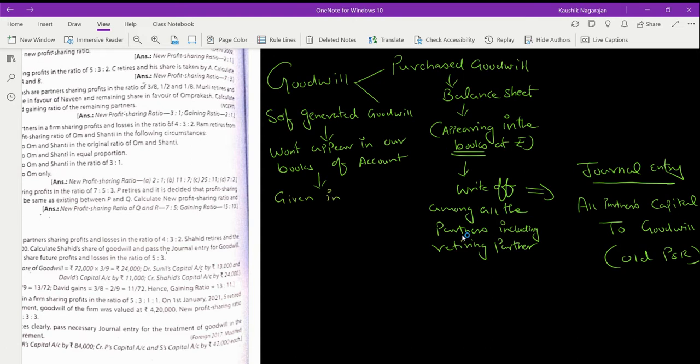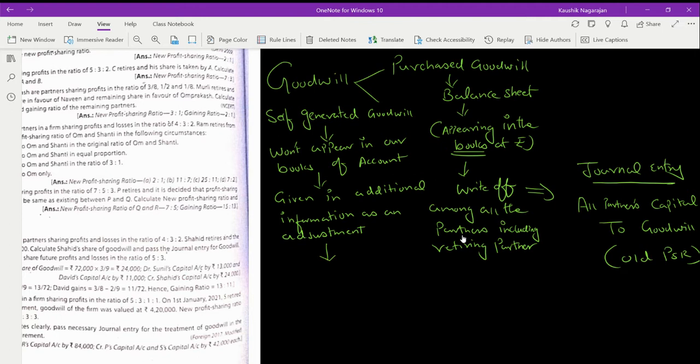It will be given in the additional information as an adjustment. So the value will not be appearing in the books of accounts, it will be appearing as additional information in the adjustments.